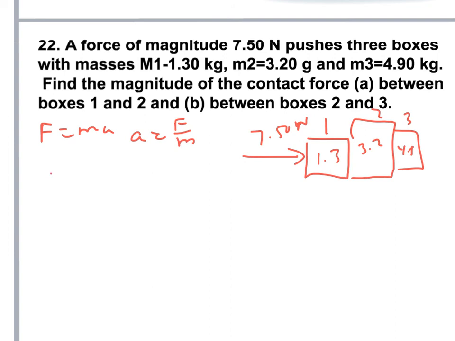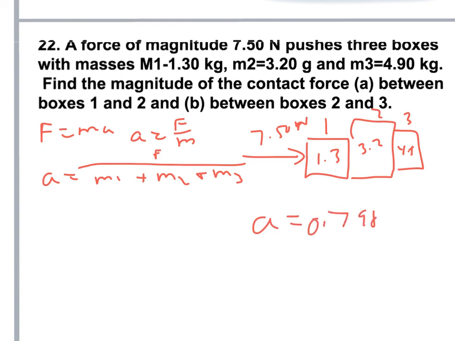So our acceleration equals the force divided by our first mass plus our second mass plus our third mass. We can plug the numbers in, and the acceleration that we get is 0.798 meters per second squared.